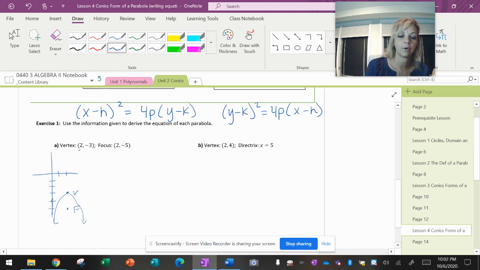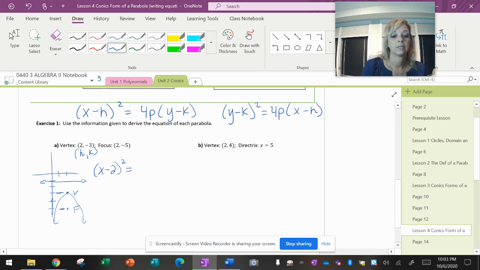Remember, your vertex is your h and your k. So you're going to do x minus 2 squared equals, now what's the p? Remember, the p is that measurement from the vertex to the focus. So I see a measurement of 2. Or the directrix, we didn't even need the directrix, but the directrix would be 2 above.